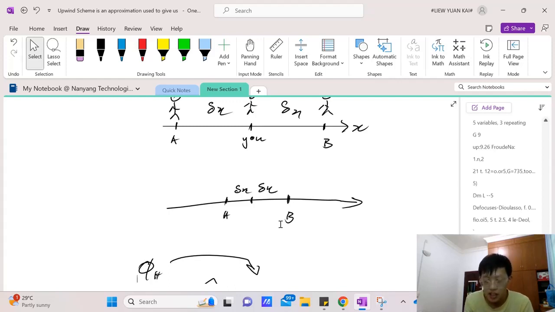In equal proportion means central differencing scheme.